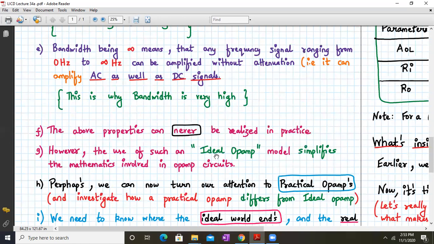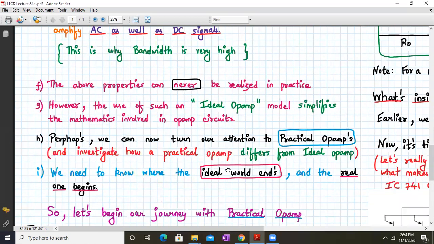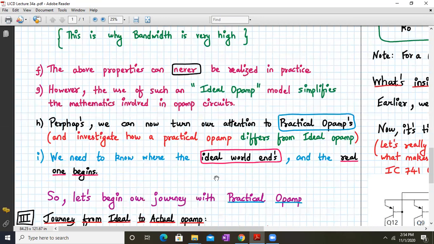However, the use of such an ideal op-amp model simplifies the mathematics involved in op-amp circuits, because in practical op-amps the values are quite close to ideal ones. So perhaps we can now turn our attention to the practical op-amp and investigate how it differs from an ideal op-amp. We need to know where the ideal world ends and the real one begins.